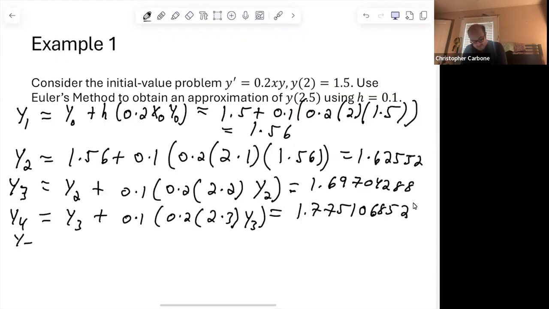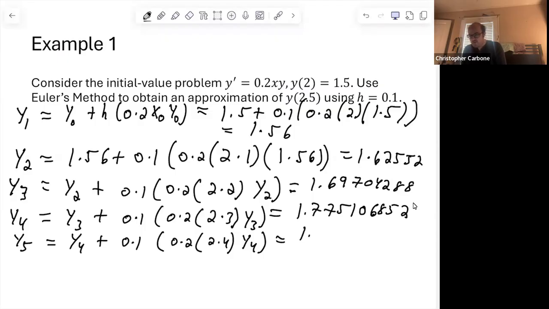Y sub 5 will be y sub 4 plus 0.1 times 0.2 times 2.4 now times y sub 4. That one's going to make 1.86031198.